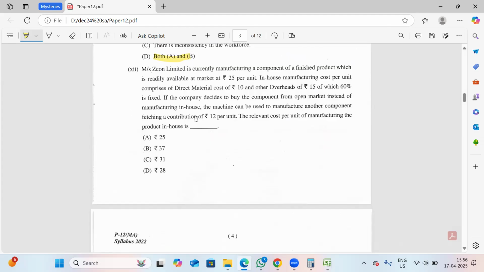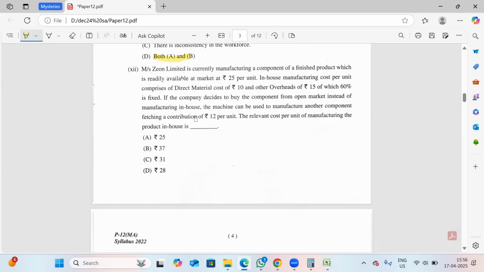What will be the relevant cost per unit of manufacturing the product in-house, they have asked. If I'm using the machinery for manufacturing one product, what will happen if I'm not using it for that product? I will be using it for another manufacturing, so I will get a benefit of 12 rupees.